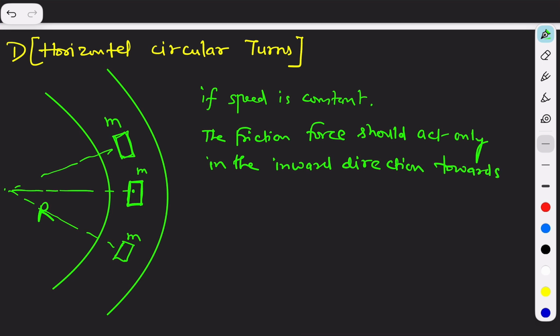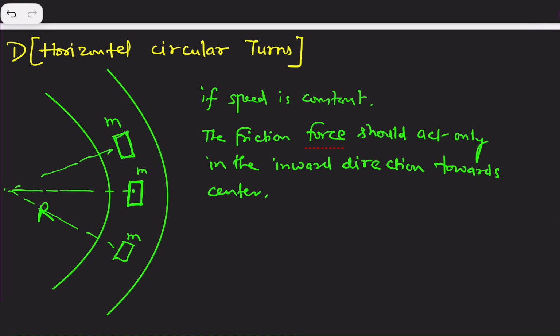This is the very basic idea: if the particle has to go on a circular path, it should have a net force towards the center. And this force has a certain limit of friction available, which is there. It has a certain limit, we know that.